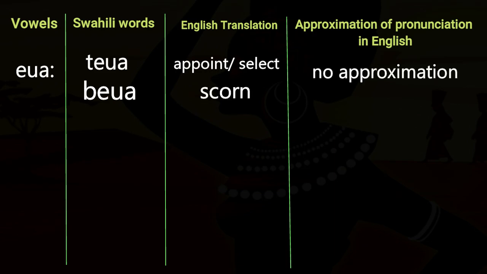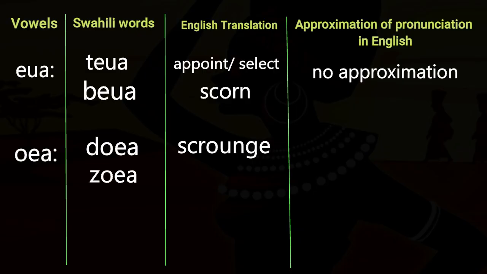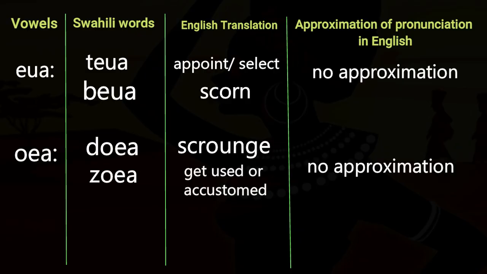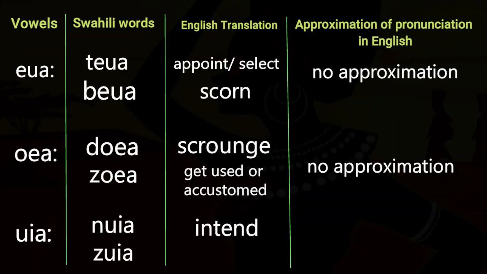Another sequence is o, e, a, in words like doea, scrunch, zoea, get used or accustomed, and then u, i, a in words like nuia, intend, zuia, prevent or stop.